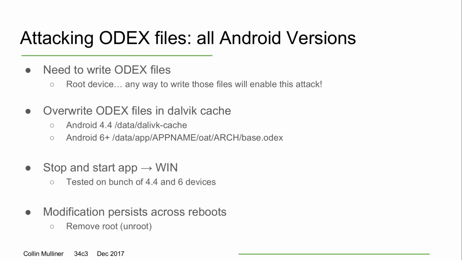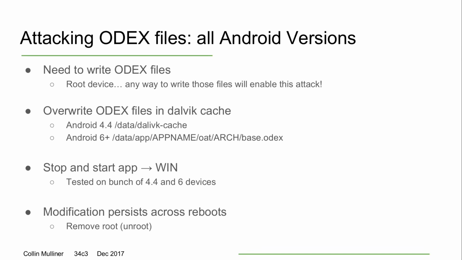If your device is rooted, you can just go and override that specific file, either in the Dalvik cache or in the app oat cache, and then just stop the app and restart it, and you have this modified APK running, and it will actually bypass all of the checks because you only modified the code that is executed, but not the original APK. And then of course you have to unroot because you still want to pass the general device integrity checks.